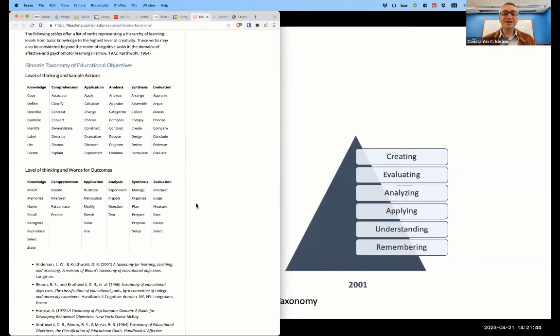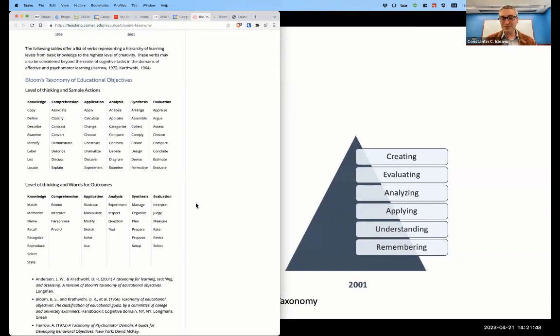So I really recommend you guys take some time. If you're not familiar with this, I am very familiar with Bloom's taxonomy, but I cannot say that I remember all these words. So every time I need to create questions, I usually have these open on the side and I look at them, and that's how I come up with questions for my courses, specifically in the design stage.